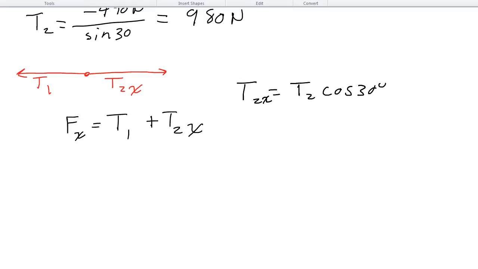Okay, so I do a little substitution. Fx is equal to T1 plus T2 cosine 30 degrees. Okay, and if you remember from our previous work, all these things are in translational equilibrium, and when things are in translational equilibrium, all the forces add to 0, and so Fx is equal to 0.